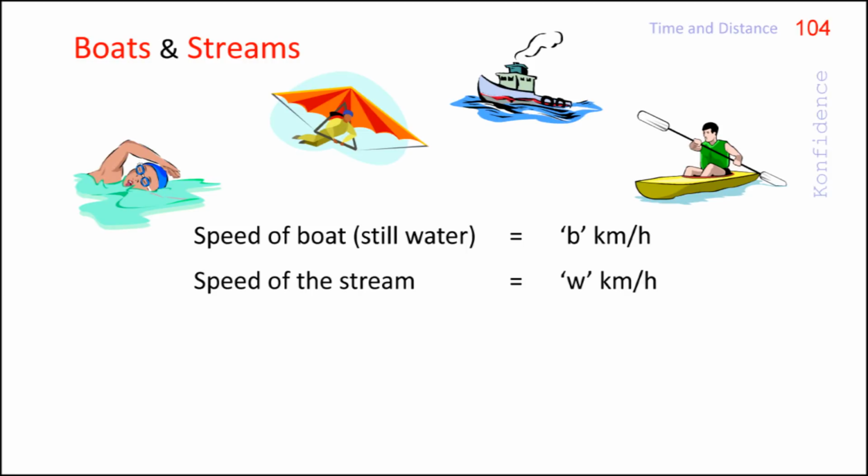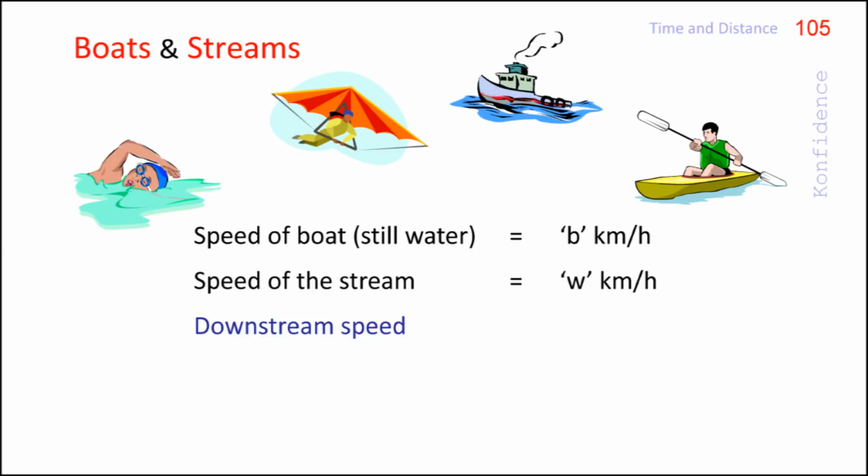In the problems that we come across from this topic, we encounter two situations. One in which the boat travels in the direction of the flow of the river or stream, which is called the downstream direction. It is called downstream direction because water always flows from a higher level to a lower level, that is downwards.